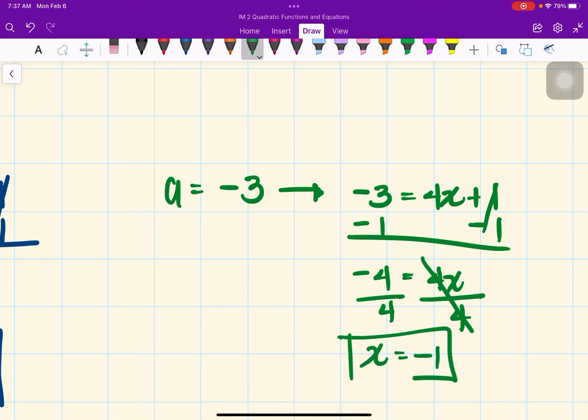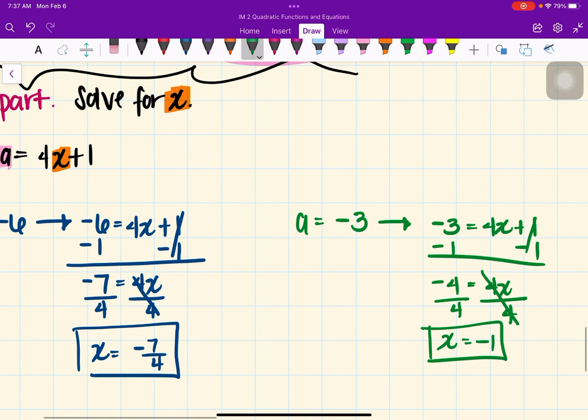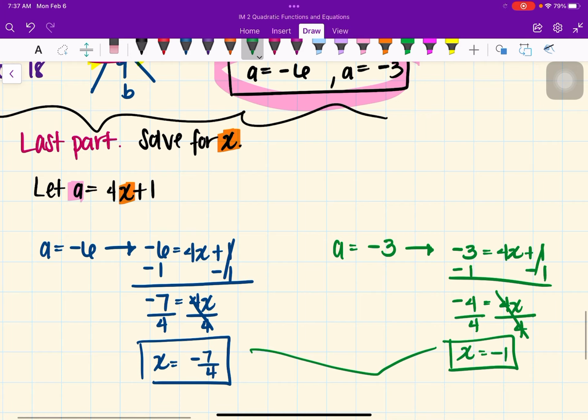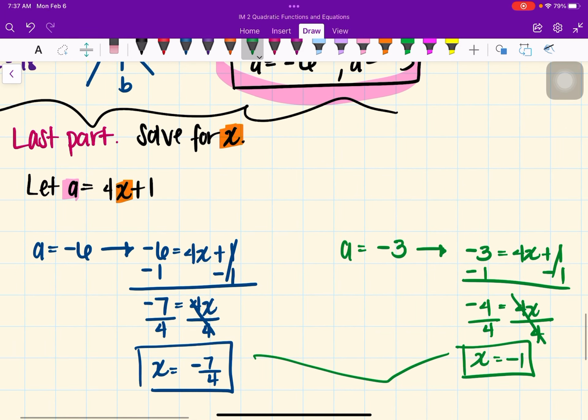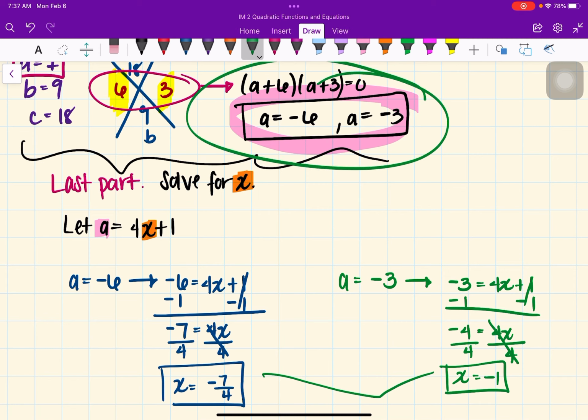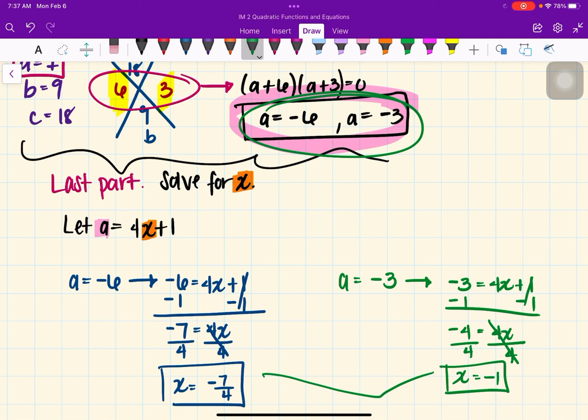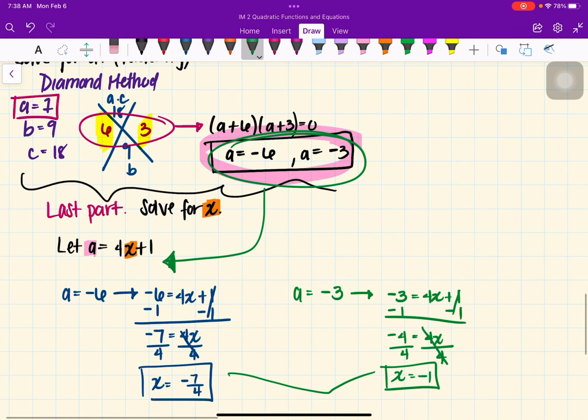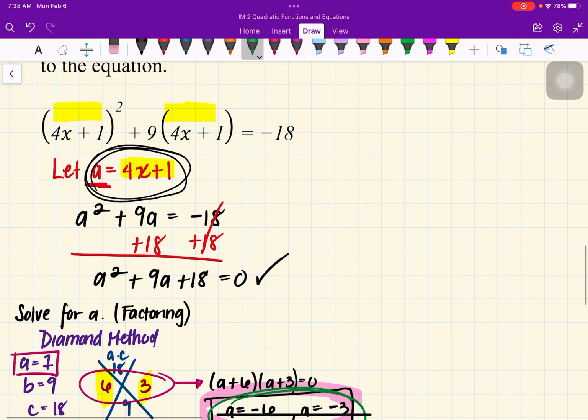So either of these answers we could put, it doesn't matter which one we choose. This is the last part, guys, of solving for x. Once you find your a value where we're doing the diamond method up here, you now have to make one of these two equal to the original equation of let the variable equal a certain expression. So that's for example number 3.